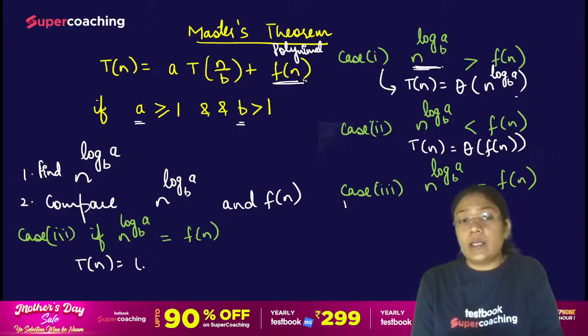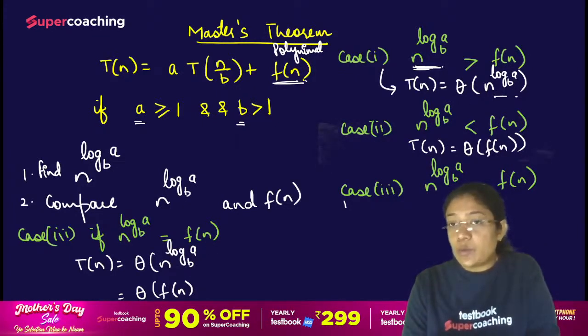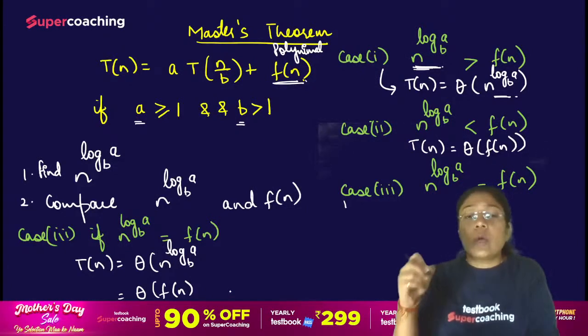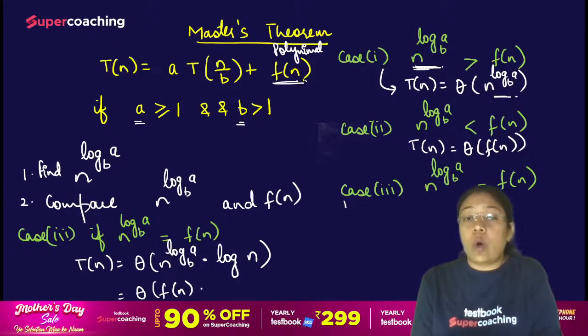You can also write this as n raised to power log a, or you can write this as theta of f of n. अगर सिर्फ इतना ही लिखते हैं तो what will happen? We do not know whether this function was greater, that's why we are returning this time complexity, or f of n was greater, that's why we are returning this time complexity. So in order to break the tie, in order to avoid the condition, here we'll add a logarithmic term.